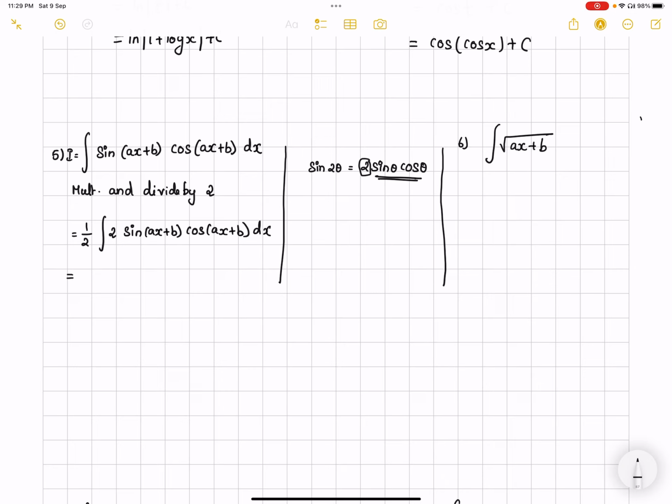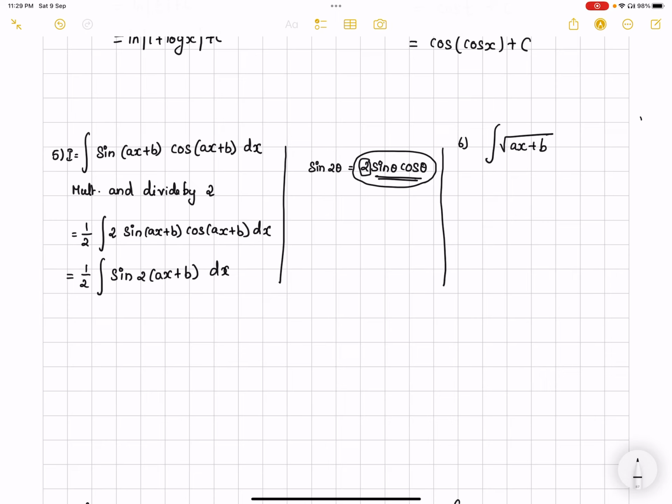Now, what is this equal to? 2 times of sine theta cos theta is equal to sine 2 theta. Then in that case, I would be having integral sine of 2 times ax plus b dx. That's it.